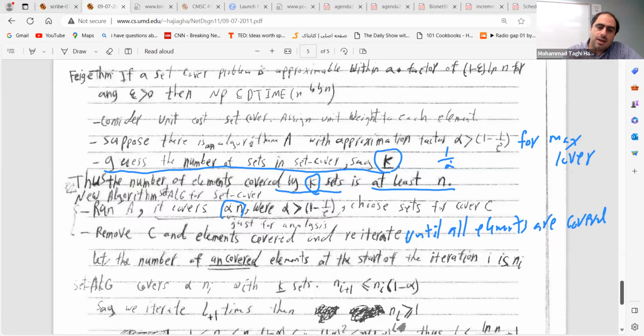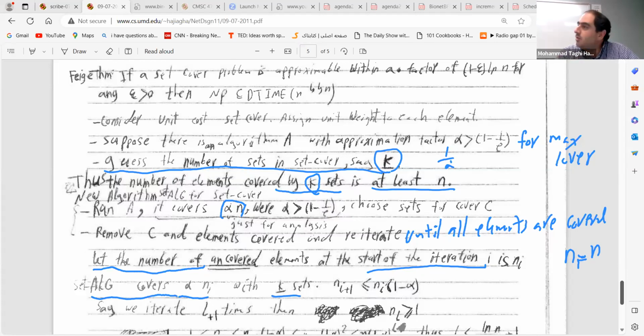Okay. So let the number of uncovered elements at the start of iteration i be n_i. Of course, n_1 is equal to n elements. So this algorithm covers alpha n_i with k sets.